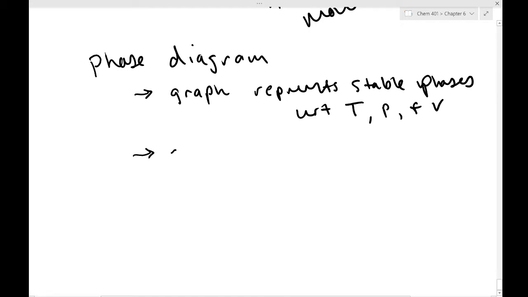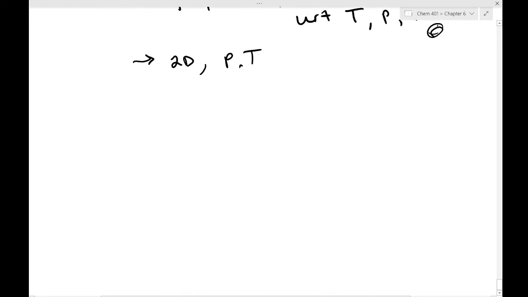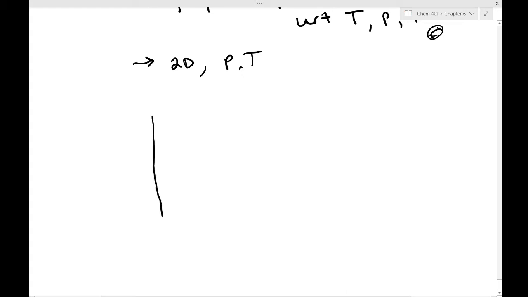Typically, these are two-dimensional, and they usually are in terms of pressure and temperature. Sometimes you can have a three-dimensional phase diagram as well that includes the volume component, but that is not as typical as the pressure-temperature diagram.